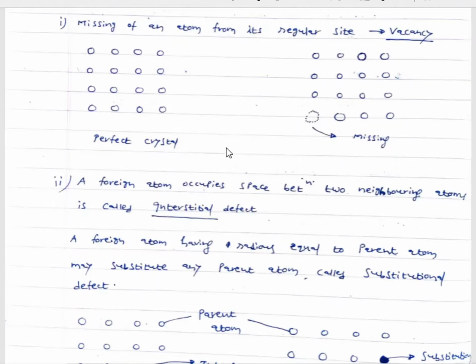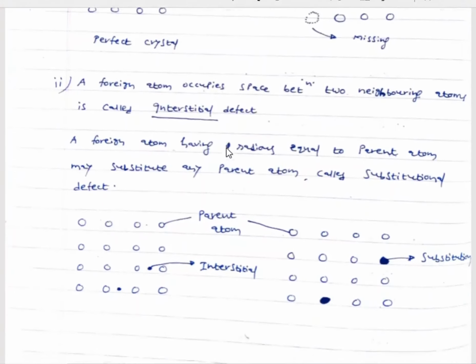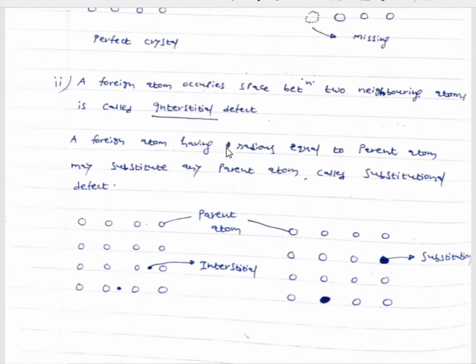If the diameter is very small, like in the iron carbon system, then substitution is not possible, and it leads to the formation of interstitial type of point imperfection. Substitution is possible in the case of brass. The example is copper zinc, because the diameters of zinc and copper are approximately equal to each other.